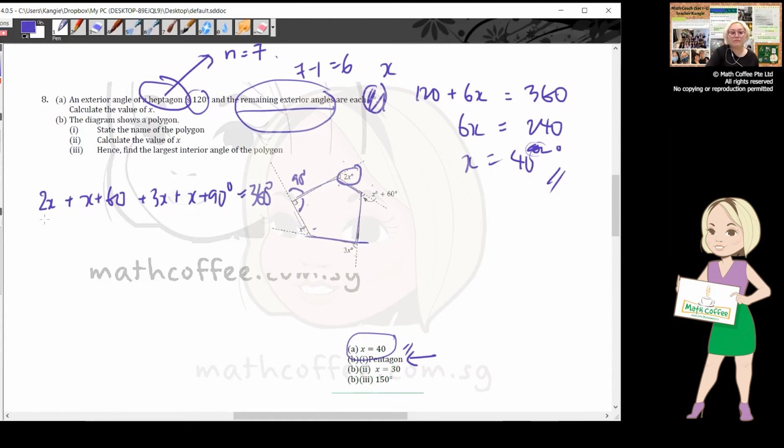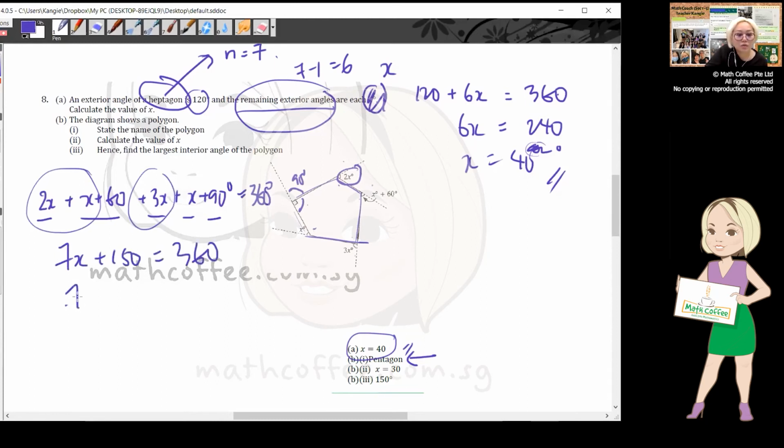So make sure you have 5 of them. 1, 2, 3, 4, 5. Add together, 360. So let's find x. 3 plus 3 is 6, 6 plus 1 is 7x. So I have 7x plus 150 equals 360. So 7x is 360 minus 150. 7x equals 210. So x equals 30.